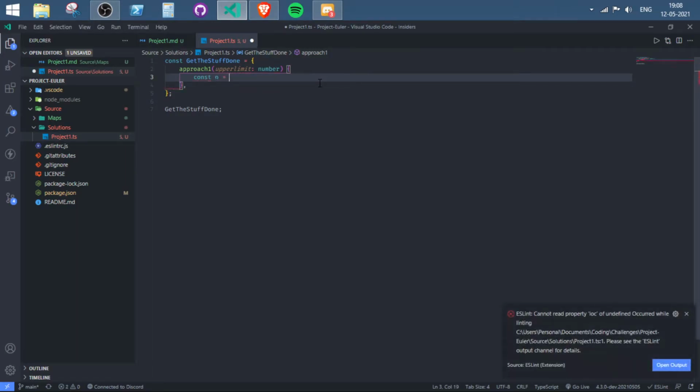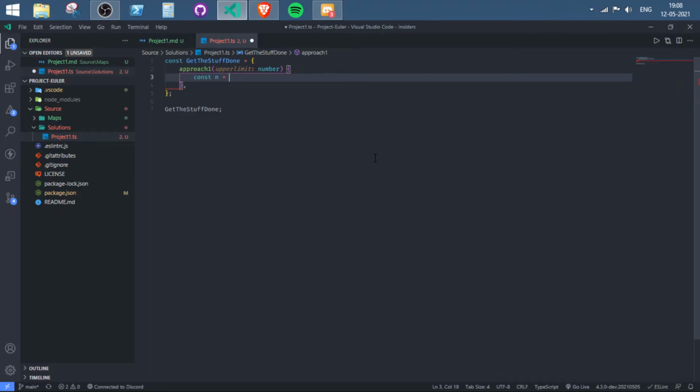Wait, yeah, I'm messing up. Sorry. This is the first time I'm actually attempting, so it is gonna be a bit confusing from my side. So firstly we are gonna get the n by upper limit, like n3 first. So upper limit by 3.